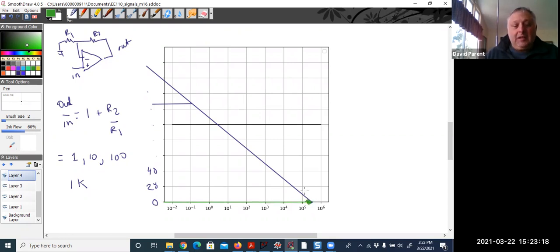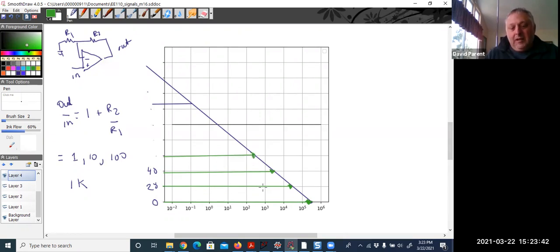And it stops working. If we have a gain of 10, that's 20 dB. And it stops working. A gain of 100. Right? And so on, right?